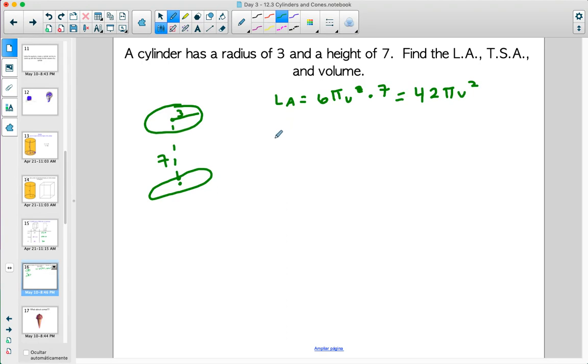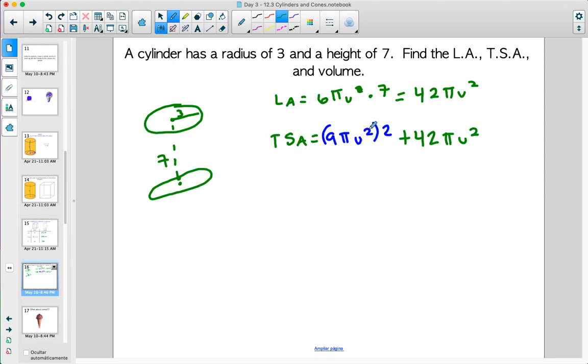Let's go ahead and find now the total surface area. So now what we're going to do is include the area of the base. So the area of one base, I'm going to put it in blue. The area of one base is 9 pi units squared, right? 3 times 3 is 9 pi. But remember, we have to multiply this by 2 because there are 2 congruent circles. So this has 9 pi, this has 9 pi. And then we are going to add it to the lateral area. So I'm going to add 42 pi units squared.